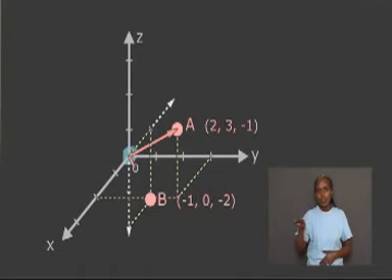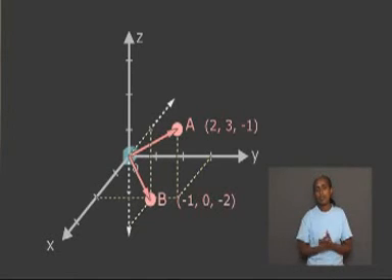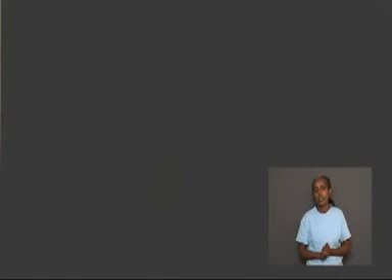Vector B extends from the origin to coordinates -1, 0, and -2. Note that the angle between these two vectors is 90 degrees. What is the scalar product of these two vectors?